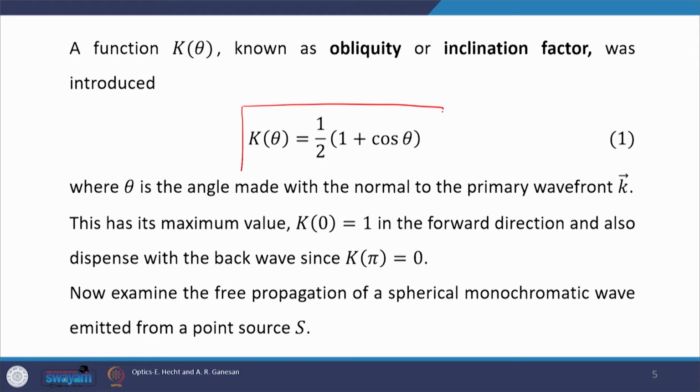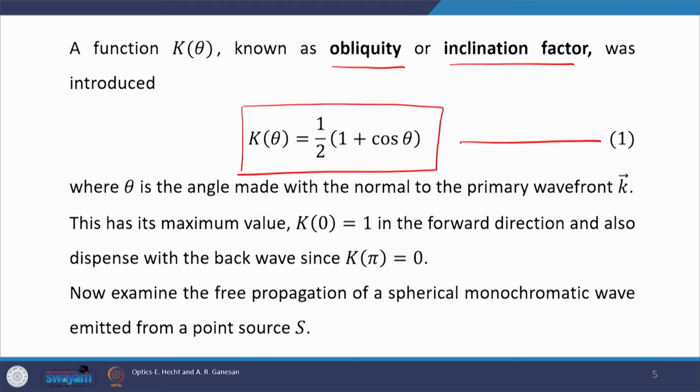Kirchhoff mathematically formulated a function which is called the obliquity or inclination factor. K theta is called the obliquity or inclination factor, and it is defined as 1 by 2 times 1 plus cos theta, or 1 plus cos theta by 2, as given by equation number 1.